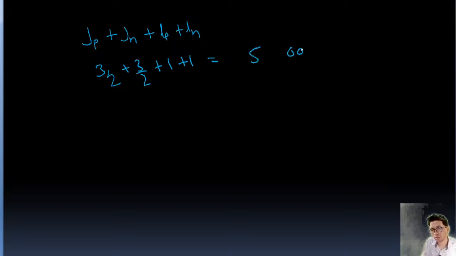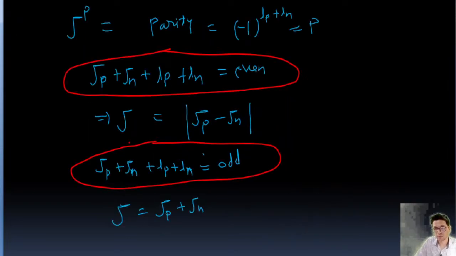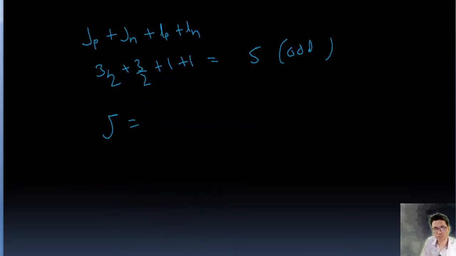This is odd. Odd means the value of J is Jp plus Jn. So the value of J is going to be 3/2 plus 3/2, that is 3.